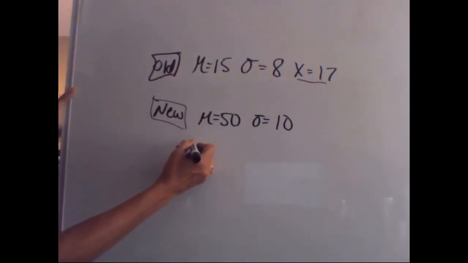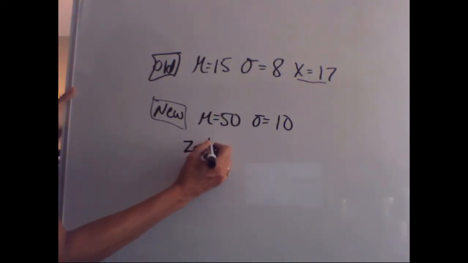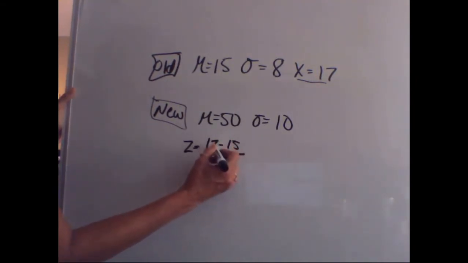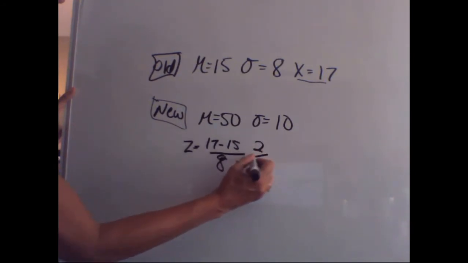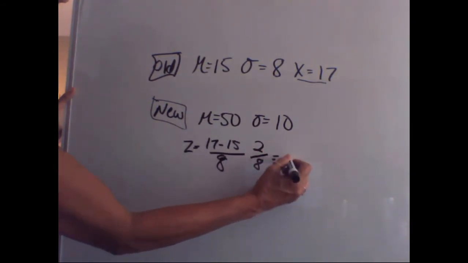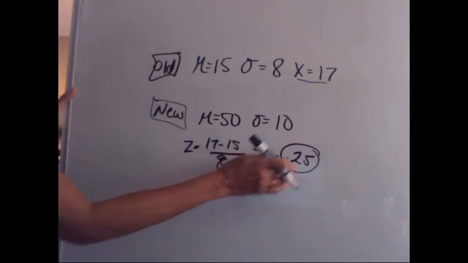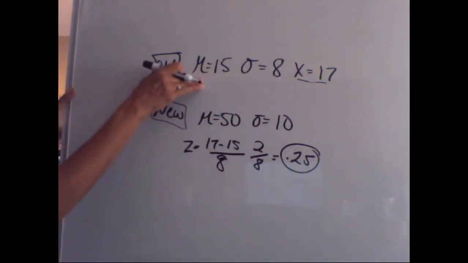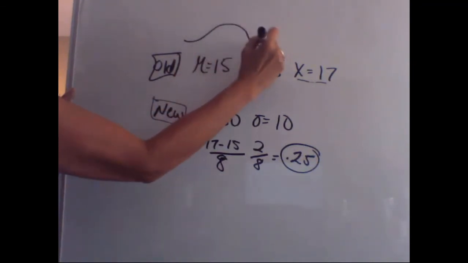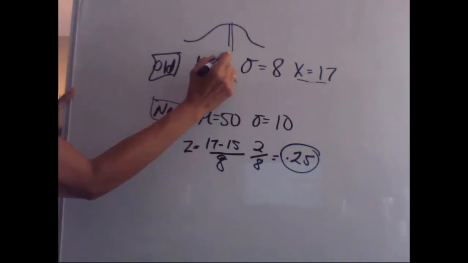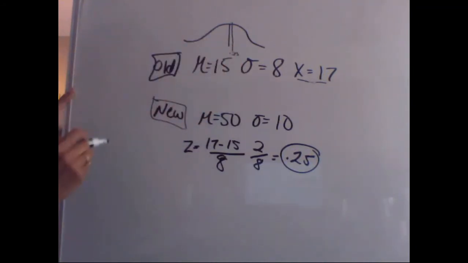So I'm going to take my z-score formula, which is my score of 17 minus the mean divided by the standard deviation. So 17 minus 15 is 2 divided by 8, and that gives me a positive 0.25. So that is the z-score for this score in its original distribution. If I draw out a normal curve, it's going to be somewhere around here. It's a little bit above the mean at a positive 0.25.